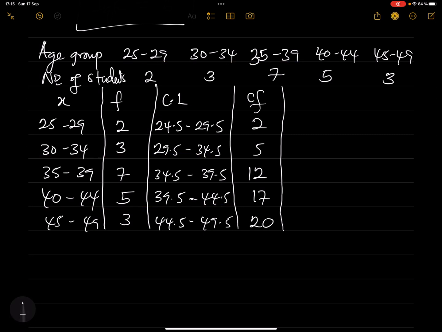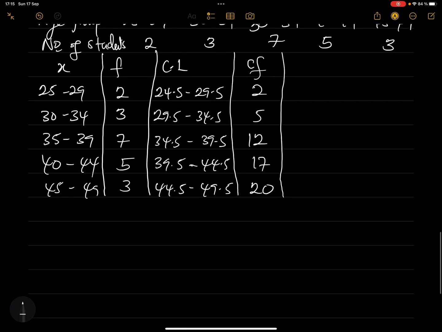Perfect. So with this frequency distribution table, we can warm up by calculating Q3, the third quartile, the fifth decile, and the 75th percentile for this data set.